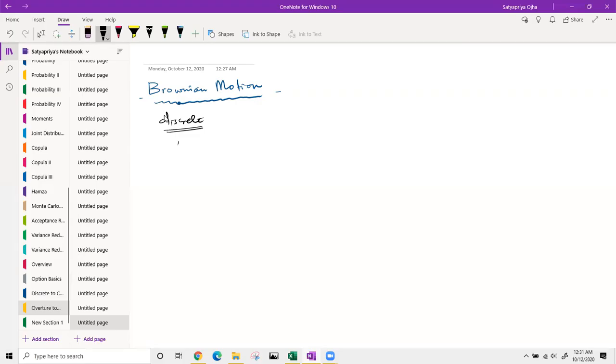So x becomes dBt, which is normally distributed, and the sum of x is like your aggregate Brownian motion, B(t), from 0 to small t, because this is small t I'm taking, okay?